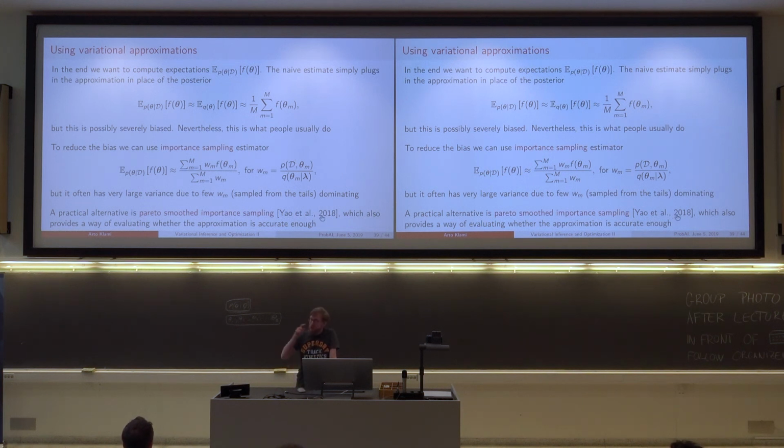There is a better way. It's too complicated to be covered here, called Pareto smoothed importance sampling, from a recent paper that's essentially about evaluation of variational approximations.